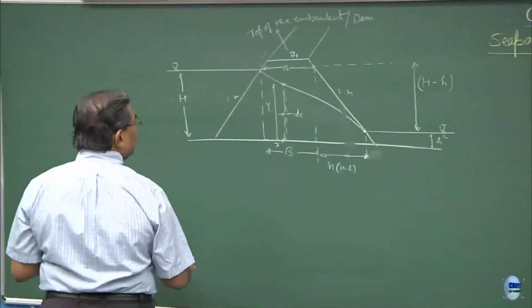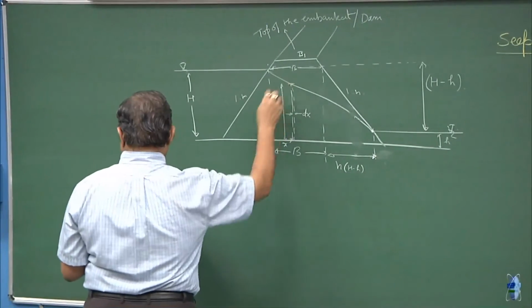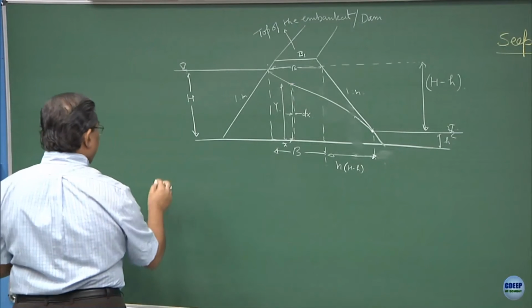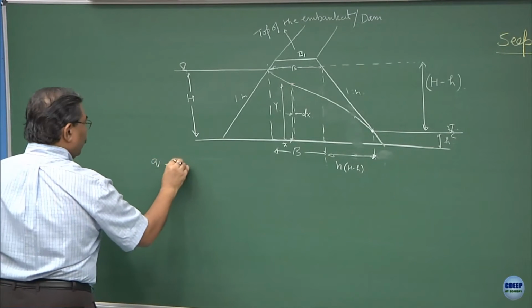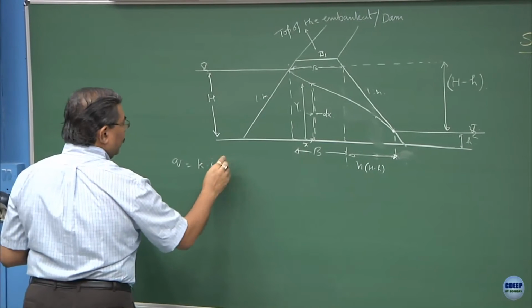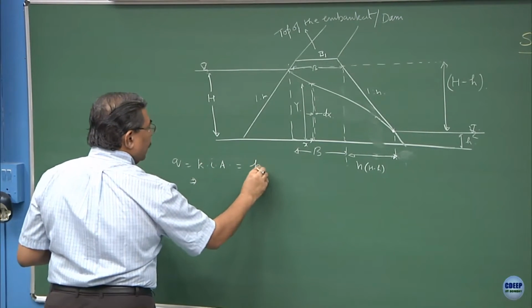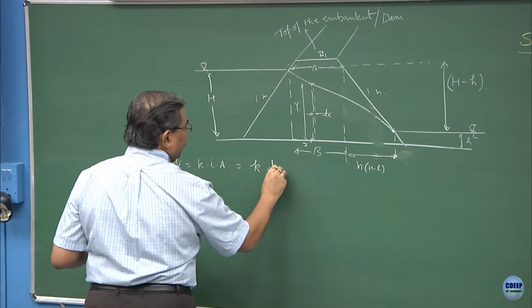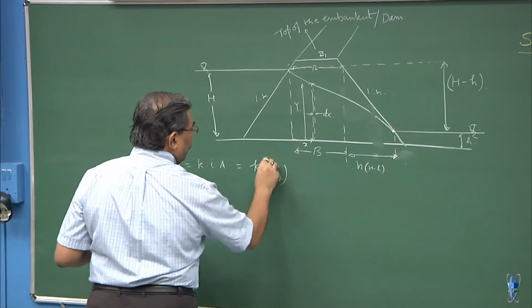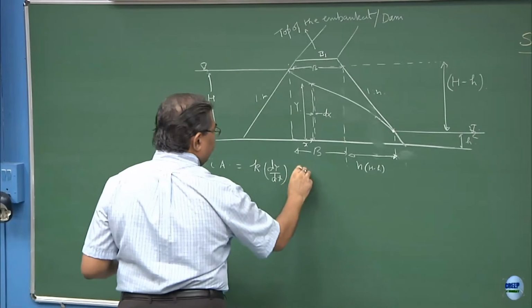Now what you can do is, if you consider this element over here, I can write q equal to k into i into A, and this will be equal to k into dy by dx into the area of cross section, which will be y into 1.